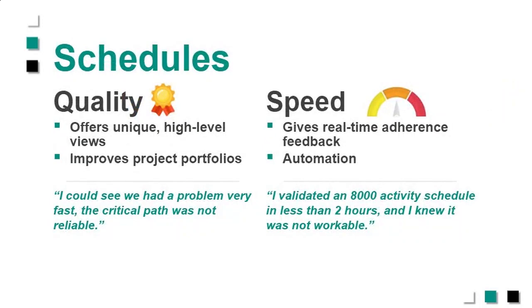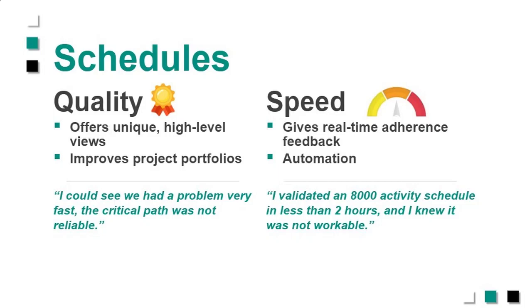Now, one of the projects that I worked on, we were working for an owner, and it was a project in New York City. It was a $600 million building that was being built. They didn't have any schedulers. They were a developer, and I was working for the CFO.